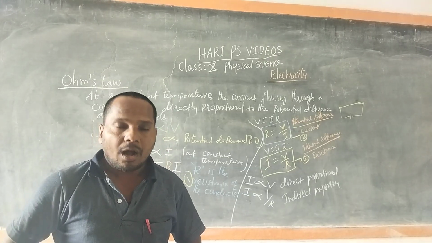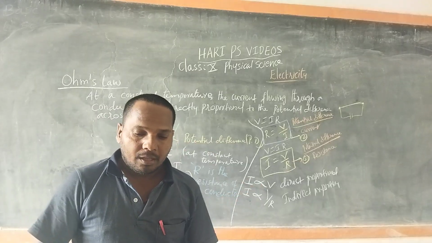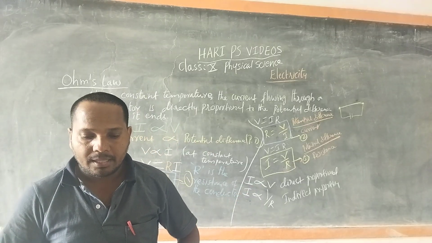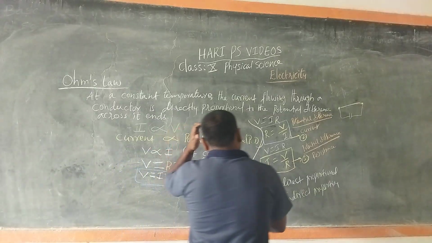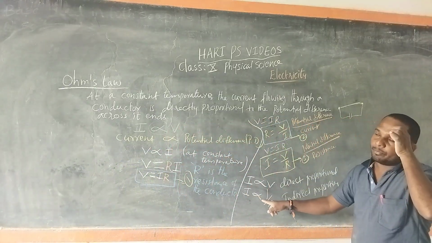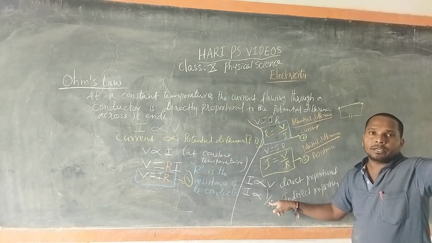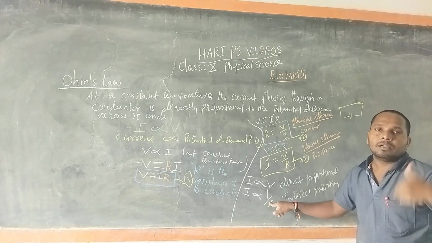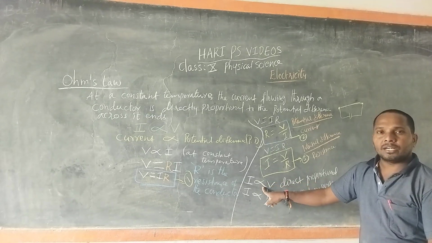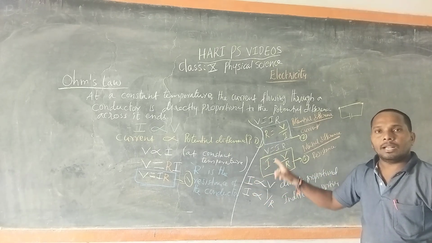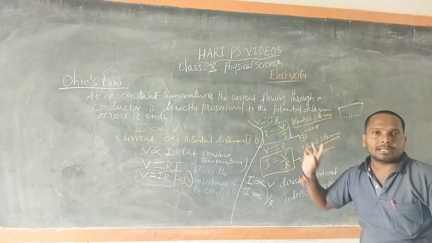It becomes half. If the resistance is half, then the current gets doubled. Since current is inversely proportional to resistance: more resistance, less current; less resistance, more current. More potential difference, more current; less potential difference, less current.